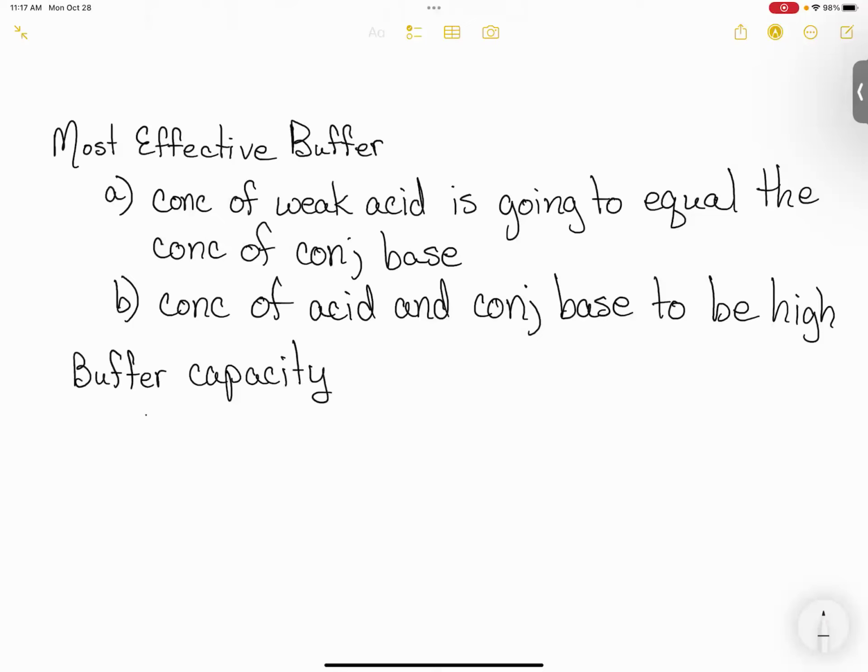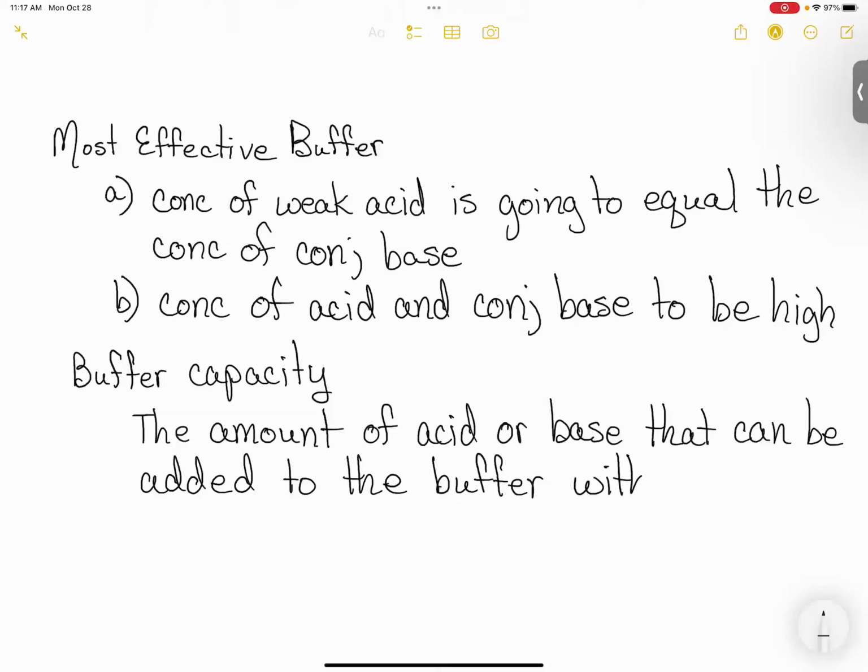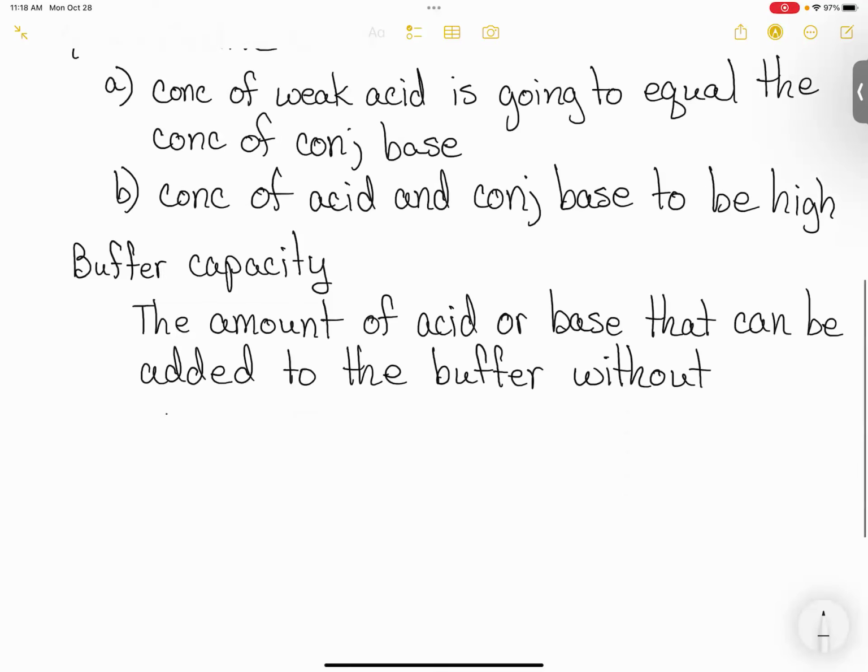And the buffer capacity is described as the amount of acid or base that can be added to the buffer without altering the pH, or without significantly altering the pH.